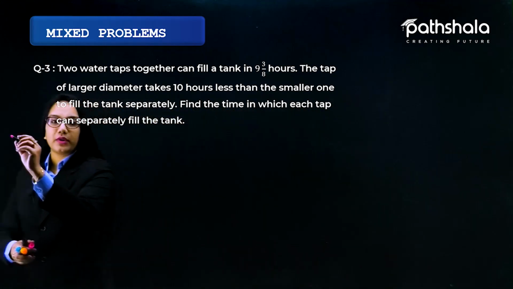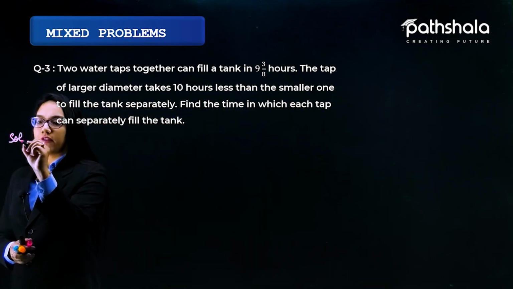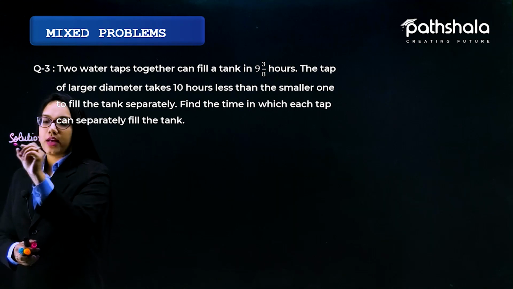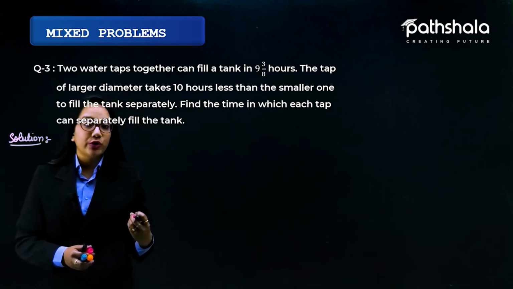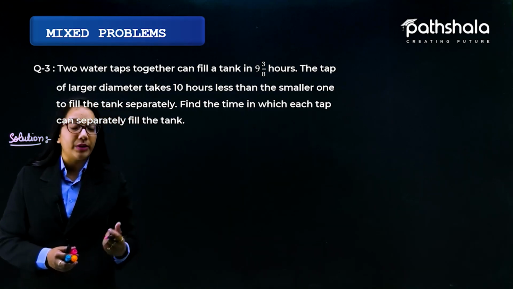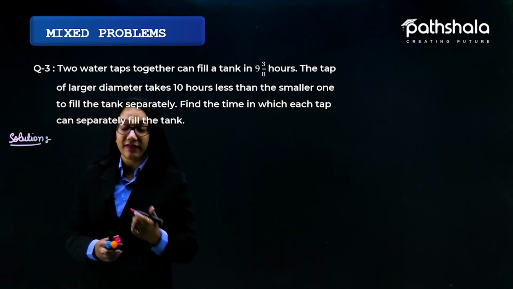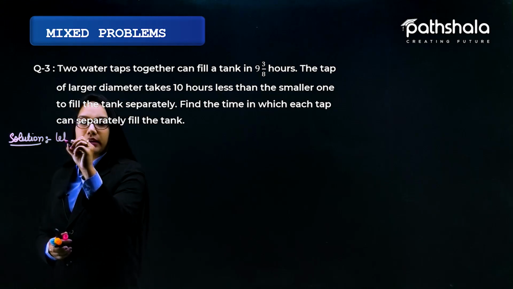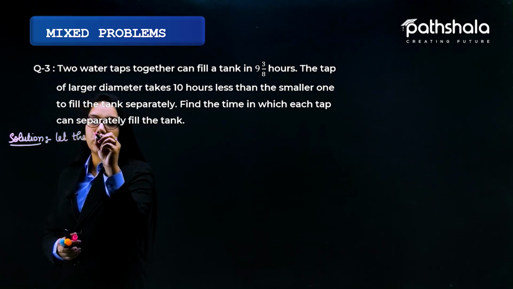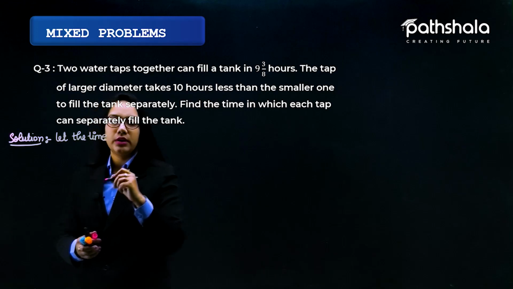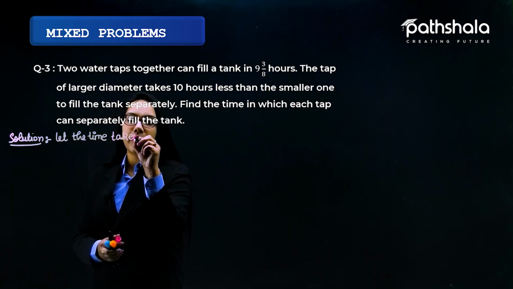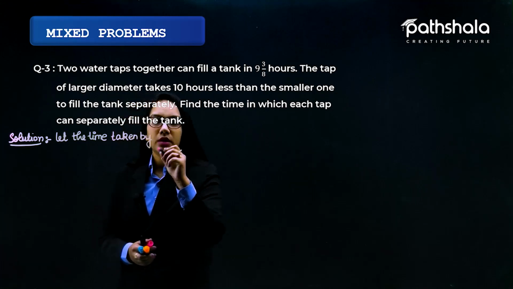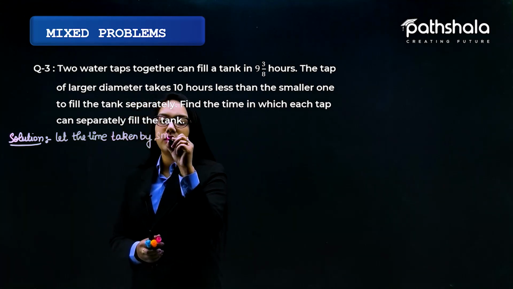First of all, we have to make an assumption. Let's take the time taken by the tap which has a smaller diameter, and the one with a larger diameter, to be x and y. So let the time taken by the smaller tap.